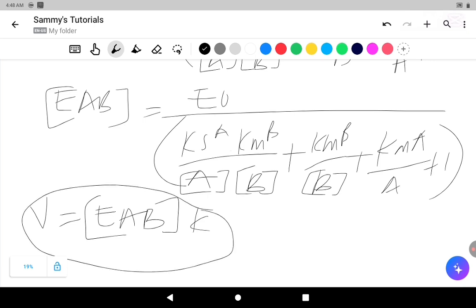Alright? How do we do that? We easily say that, okay, to make EAB the subject of formula, the relationship between EAB and K here is multiplication, so it will come here and divide. So what you now have is V over K equals to EAB. So you can easily say that anywhere you see EAB, you can replace it with V over K, right?